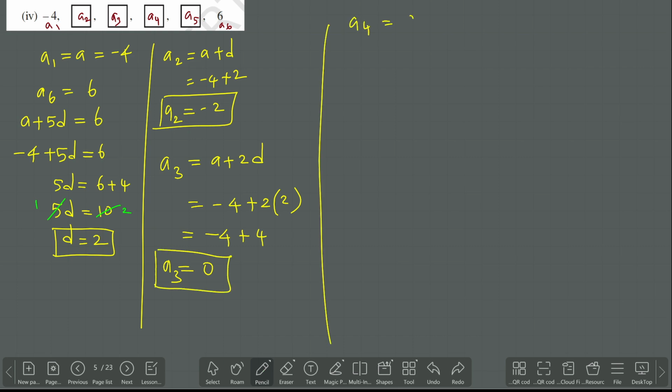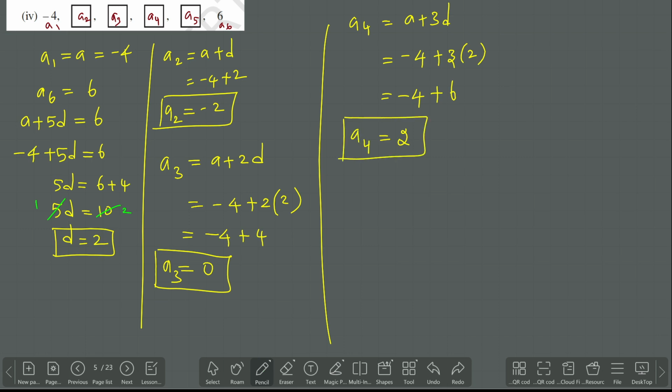Next, A4. A4 equal to, what does it mean? A plus 3D. Right. So A value minus 4 plus D value 2. So minus 4, 3 twos are 6. When I subtract, plus 2, my dear, the highest number is plus. So A4 is plus 2. Okay.